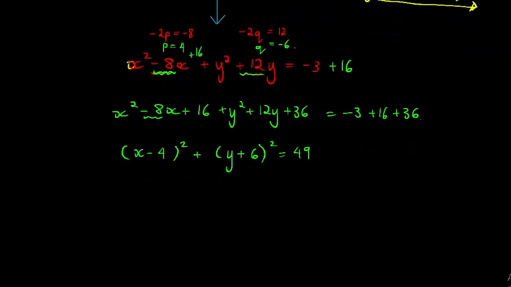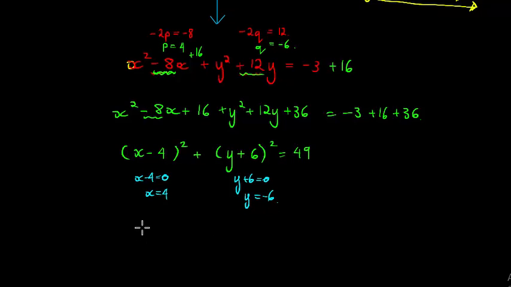Excellent. Can you see what our center and our radius are? We make x minus 4 equal to 0, so x is equal to 4. We make y plus 6 equal to 0, which gives y equal to negative 6.